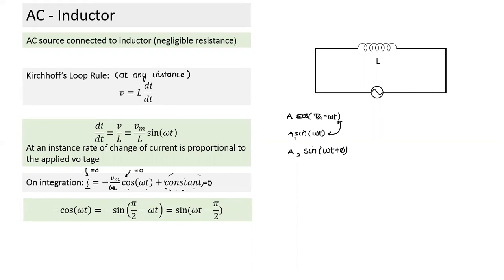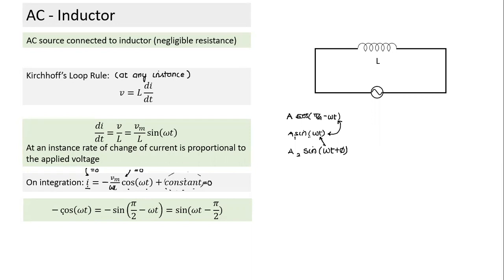So whenever we have to compare the phase difference, we need to write both functions as similar cos or similar sine functions, and in both cases omega t has to be positive. To compare the phase difference between two functions, and to understand two sinusoidal functions better, we need to write them in similar terms. Since voltage is in terms of a sine term, this will also be converted into a sine term, and when you write the sine term, omega t has to come first.